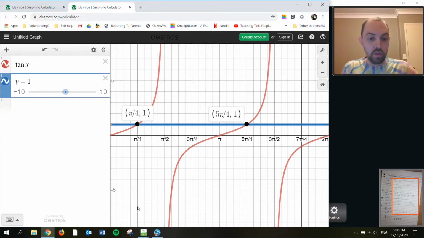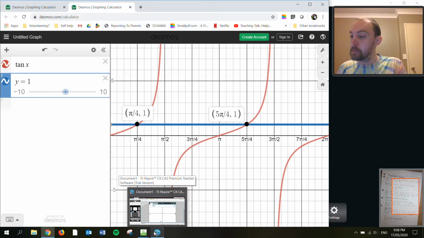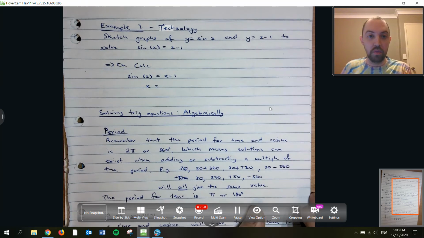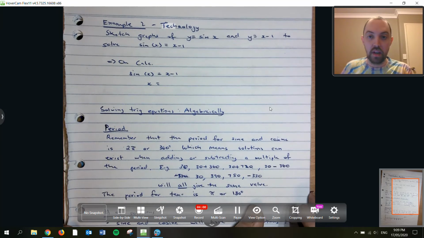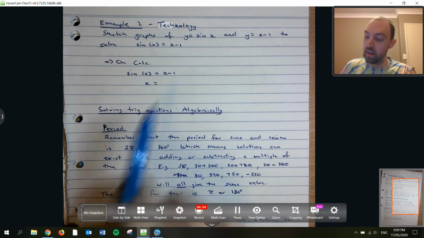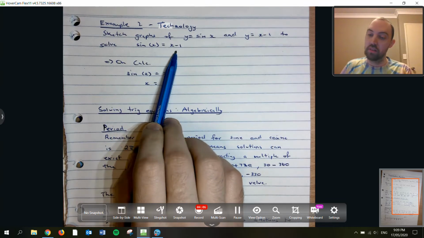Okay, so let's do another example using technology in a different way. Sketch graphs of y is equal to sine x and y is equal to x take 1 to solve sine x is equal to x take 1.